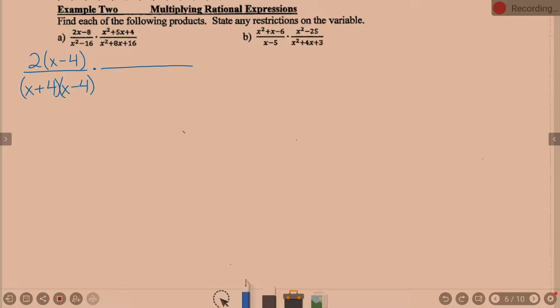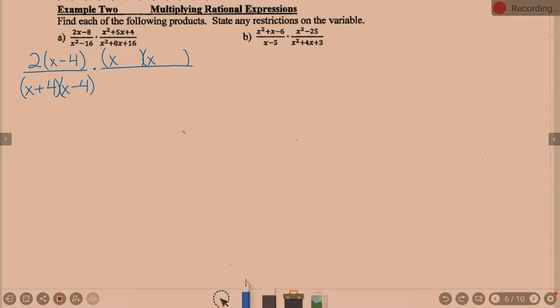Numerator, x squared plus 5x plus 4. Guess what we're setting up? It's an x squared term plus 5x term plus a constant term. We're going to assume it likely factors. X squared breaks into x and x.